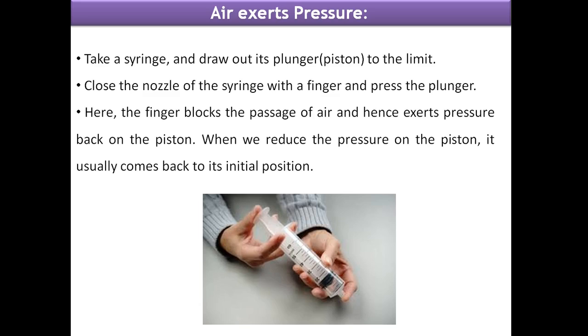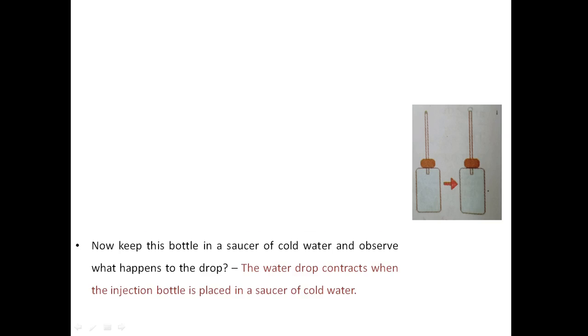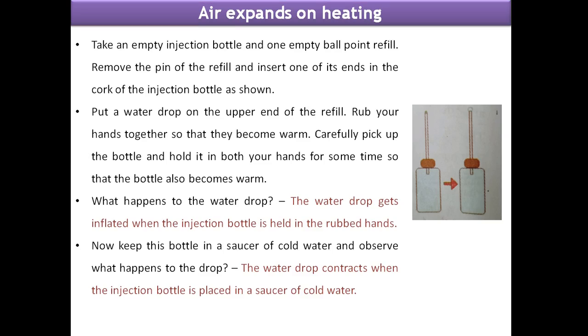Here, the finger blocks the passage of the air and hence exerts pressure back on the plunger. When we reduce the pressure on the plunger, it usually comes back to its initial position. From these two examples, we can understand that air exerts pressure.